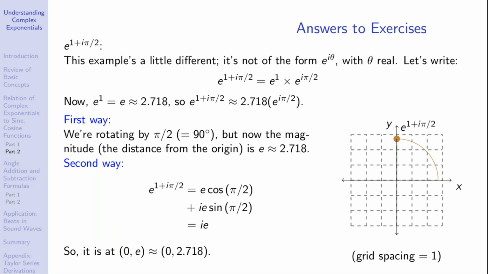Alternatively, we can look at it the second way. e raised to the power of 1 plus I pi over 2 is equal to e times the cosine of pi over 2 plus I e times the sine of pi over 2. And that's just equal to I e because the cosine of pi over 2 is equal to 0 and the sine of pi over 2 is equal to 1. So our point is at 0, e, which is approximately 2.718.